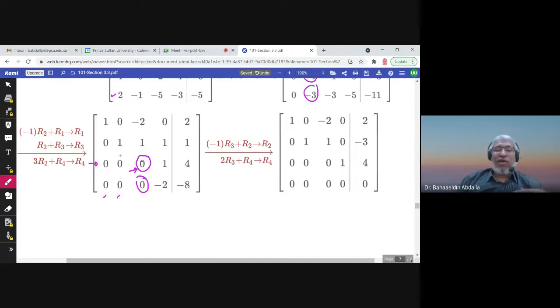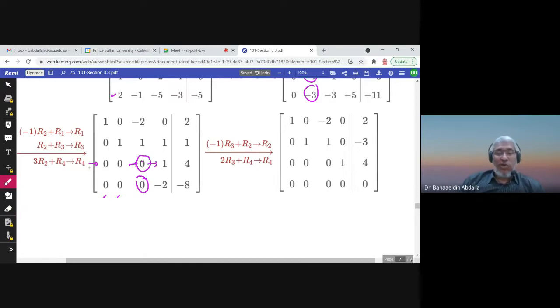I lose everything I did before. And I cannot interchange row 2 with row 3 here because column 2 will be changed. So to change this number to 1, you have one choice: interchange with row 4. If row 4 is 0, you cannot change this number to 1. So that's it. What to do?